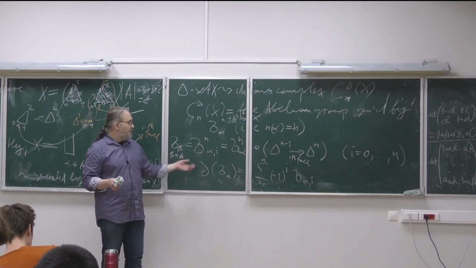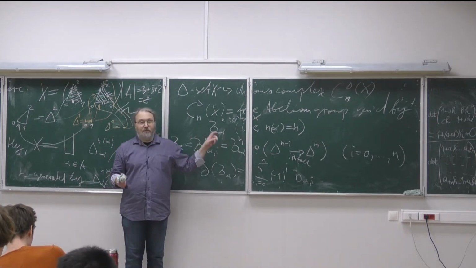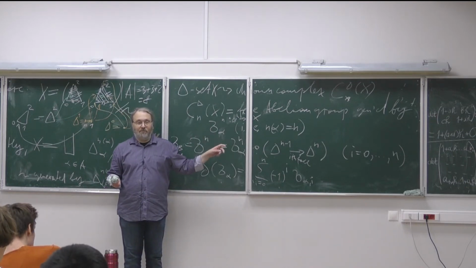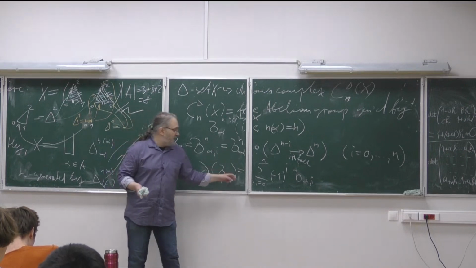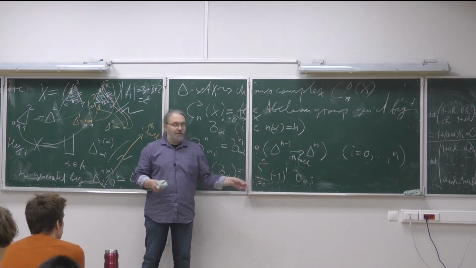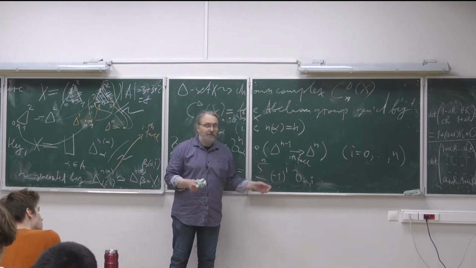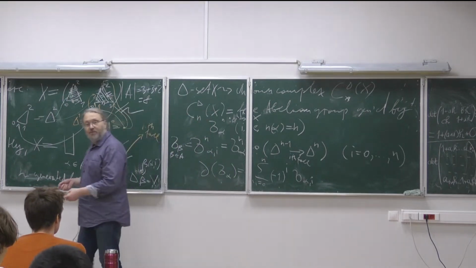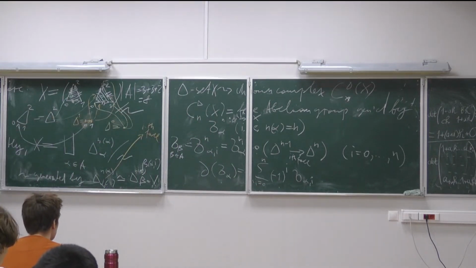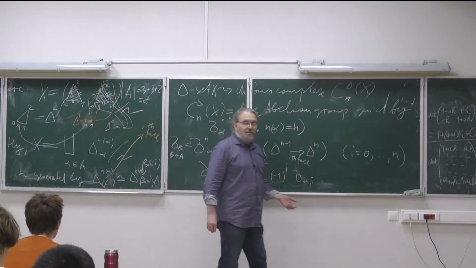Well, okay, so I am allowed to consider this as an element of C n minus 1. And I take the sum of those for i from 0 up to n with the sign minus 1 to the ith, which is quite similar to what we have for simplicial complexes.